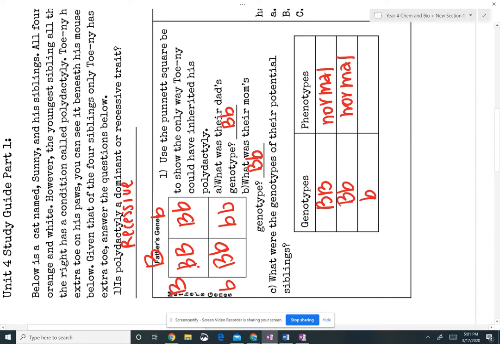And then you have this one, which is the extra toe. So those are the things that you see right away when looking at these. You will see that this is a completely dominant trait, and since it's completely dominant, it is going to be seen as normal.